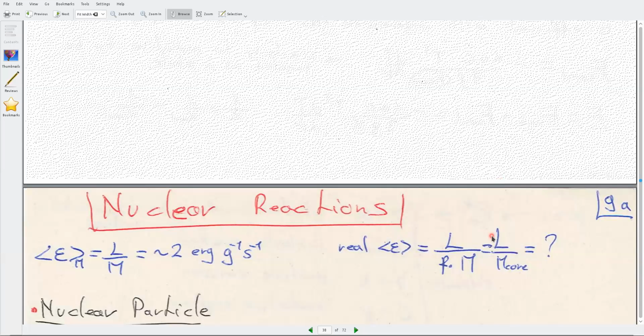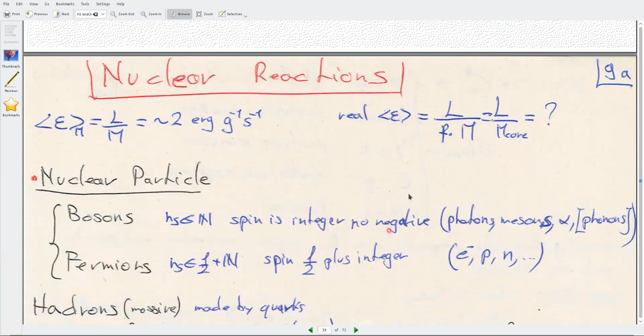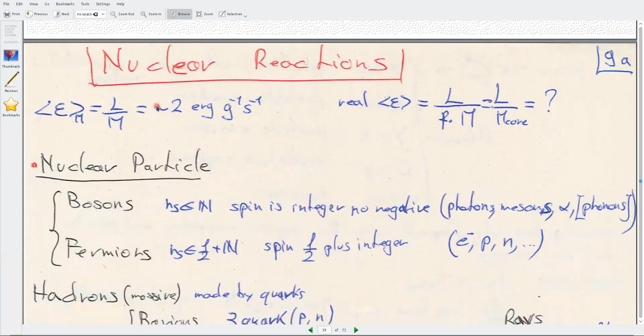Nuclear reaction. Quickly, usually if you consider the mean value of epsilon over all of the star, we can see luminosity divided by mass completely. That is 2 erg per gram per second.